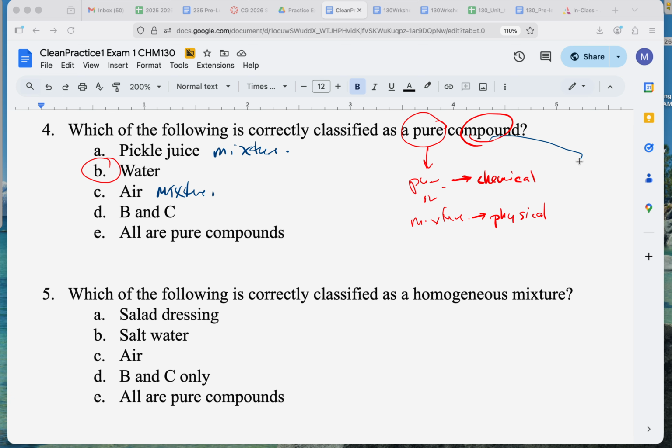When we look at the word compound, that could pull down into two categories, either compound or element. A compound is two or more elements chemically linked. An element is an element. Are we okay with that definition? Okay, good. I don't have a better one. Is just an element.